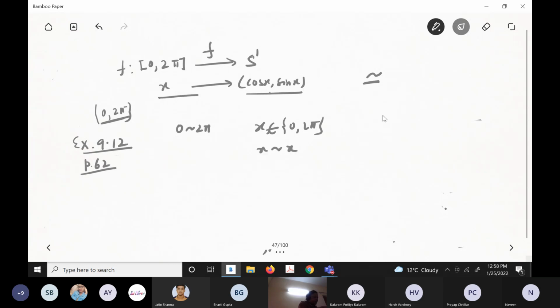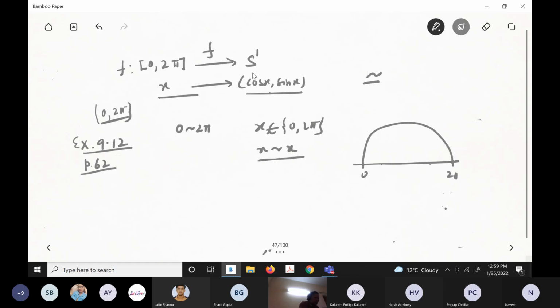That means if this is 0 and this is 2 pi, every point I am leaving intact, only 0 and 2 pi I am joining. If you join them, then you get the circle. So 0 and 2 pi are now identified as one single entity, and the others are left intact.